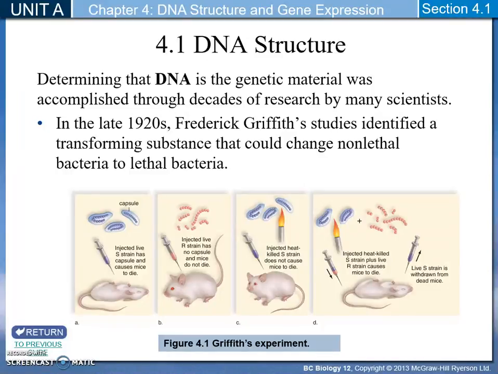And the diagram here is kind of a summary of his experiment. In diagram A, under normal circumstances, when the live S strain was injected into mice, it caused the mice to die. When the live R strain, which had no capsule, was injected into a mouse, it did not kill the mouse.